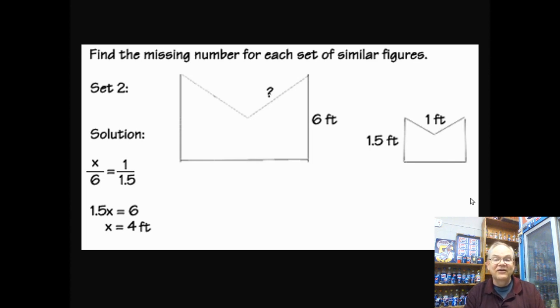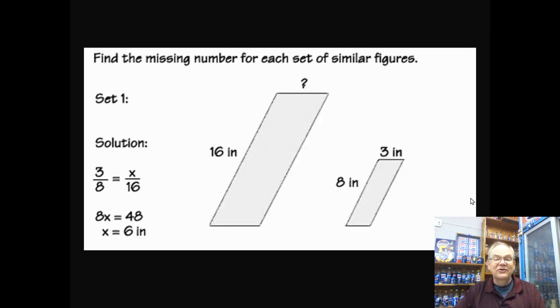You'd cross multiply, and they figured out that the missing side has to be 4 feet long. All you're doing is making fractions by matching up stuff that goes together and then cross multiplying to get the answer. That's exactly what you would do in this one as well.